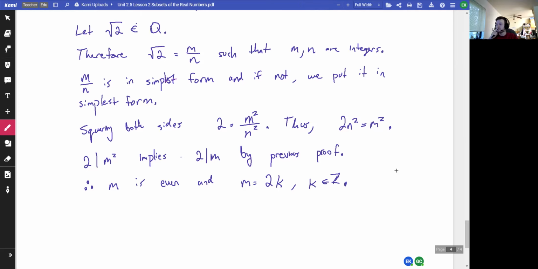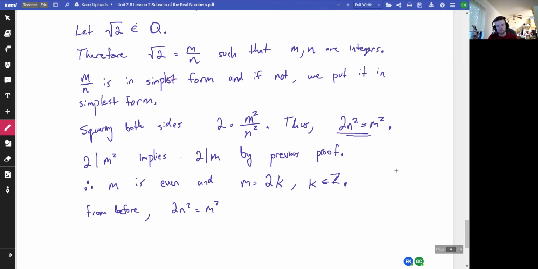How can we show that N is even? Can we say that N is equal to M squared over 2? Well, we have this up here from before.